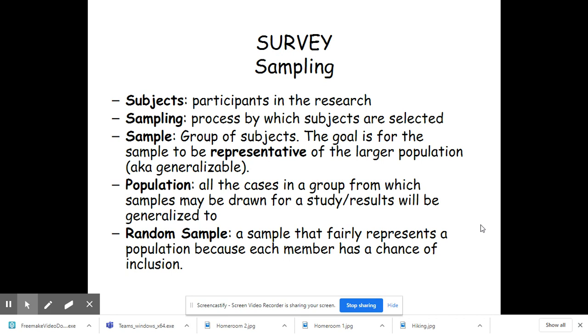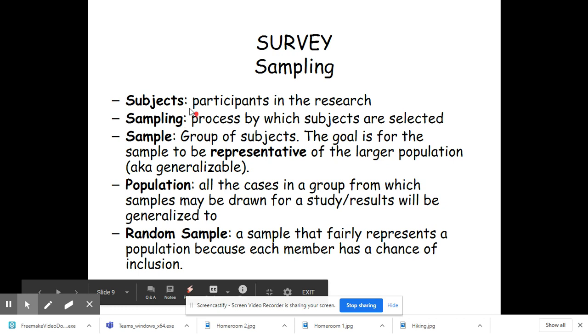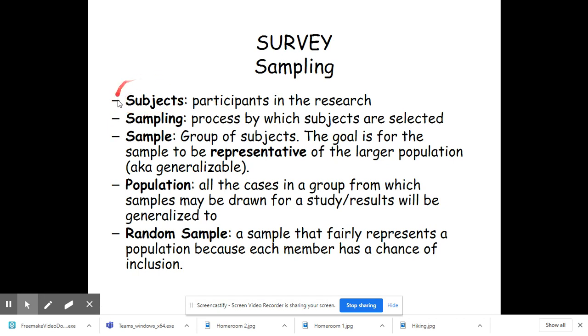The population being studied is the student body of Ardrey Kell. But we might not want to survey 3,500 people. That's a lot of surveying to do. So what we have to do is go through the process of sampling to get subjects to participate in the survey.